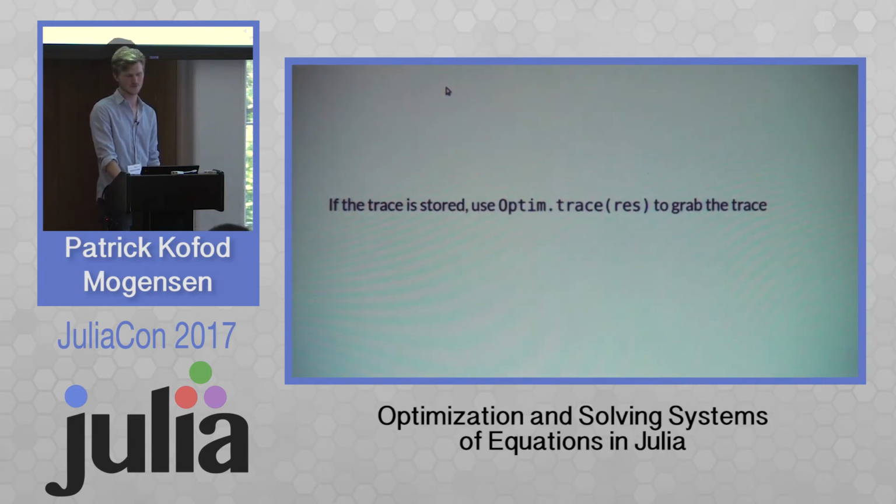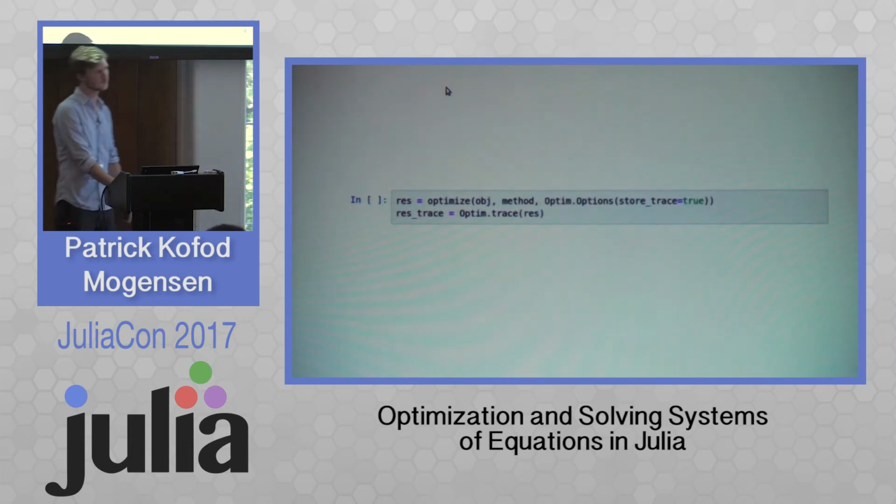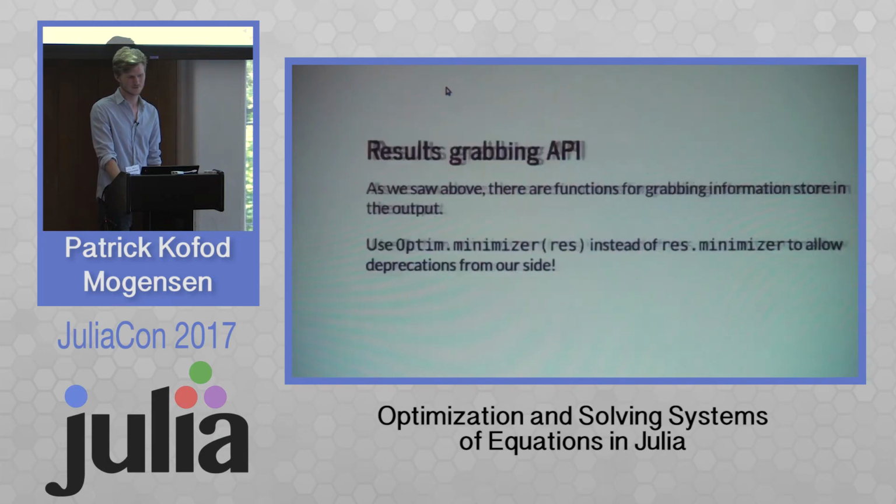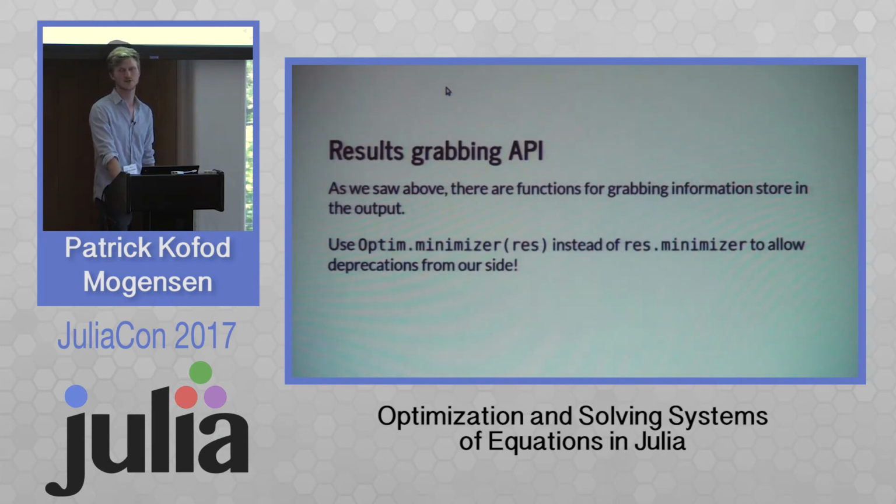So if you store the trace, then you can grab the trace using the trace function, Optim.trace, and we don't export it just not to pollute your namespaces. Okay. So Optim.trace is part of the general results grabbing API. So once you have stored your results from the optimization attempt, then you can use different functions to grab the different results.